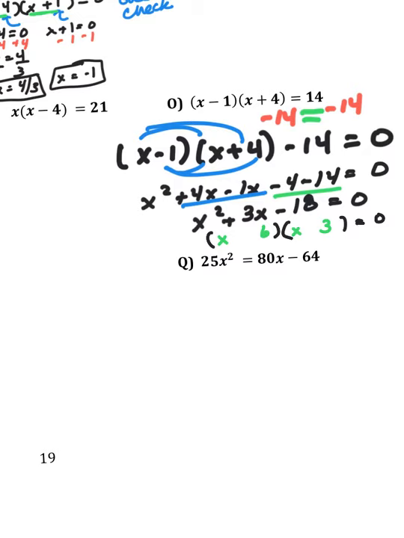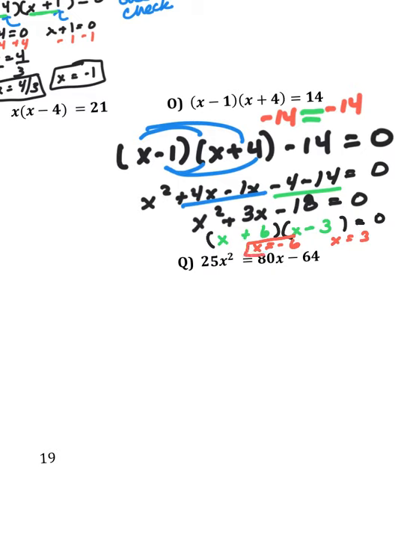That would give me a positive 6 and a negative 3. And when I'm solving for x, one of those things is going to equal x. Final answers are going to be x equals -6 and x equals positive 3.